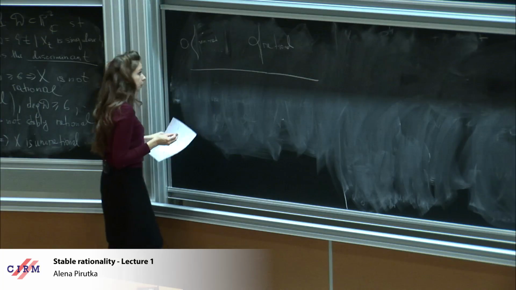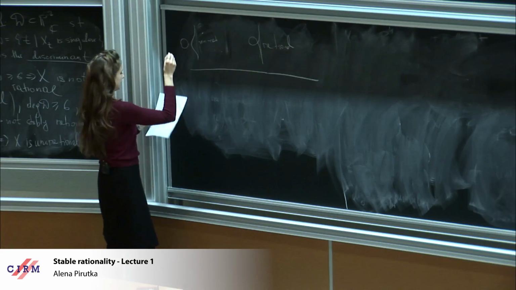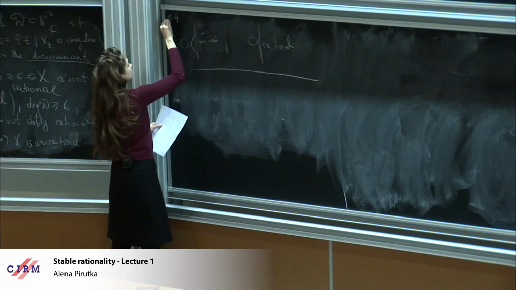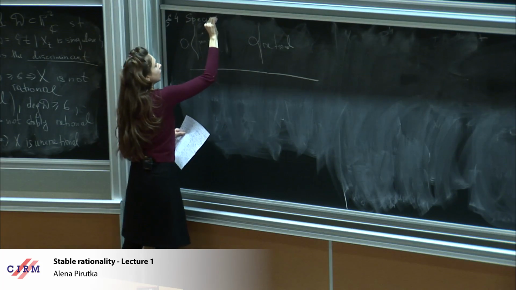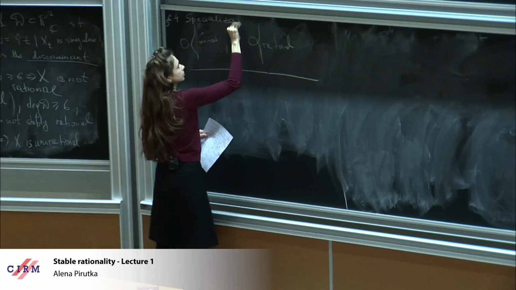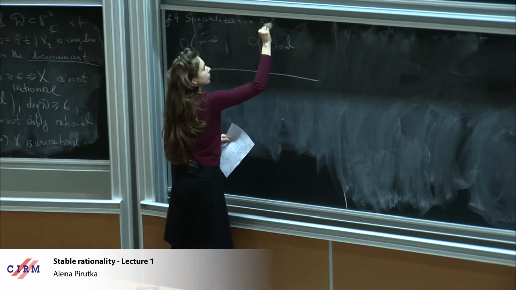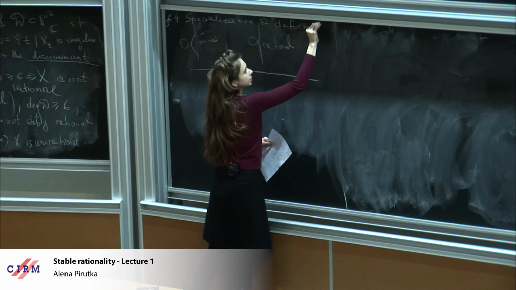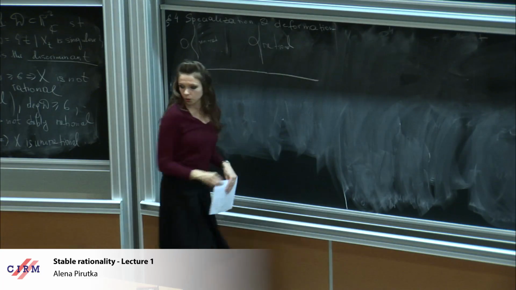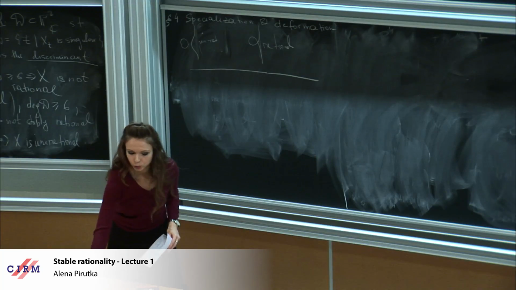So that's what we are going to assume. This is number 4: specialization and deformation. We said the family is going to be smooth.